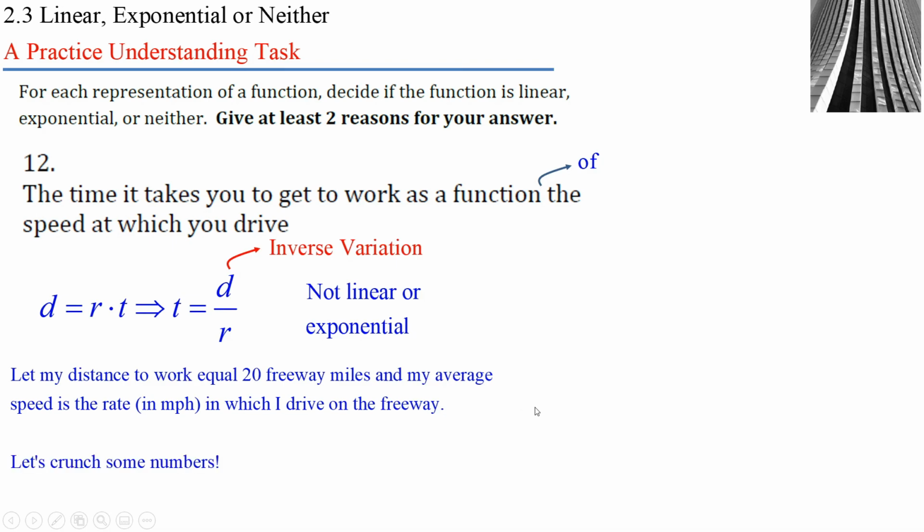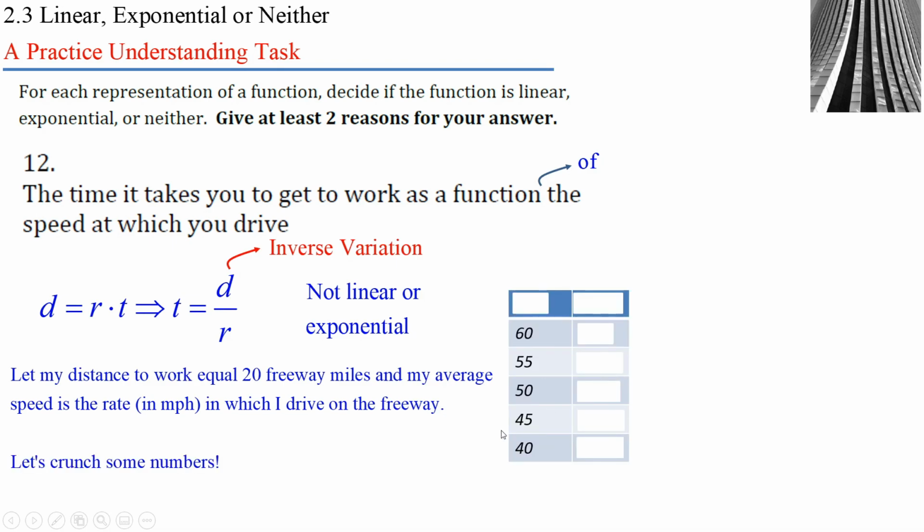Okay, let's crunch some numbers. So let's put my input as my rate, because that is my independent variable, r. So that's my rate, and that's in miles per hour. All right, and then my output is my time. How long is it going to take me? And that equals my distance divided by my rate, and time is going to be in hours.